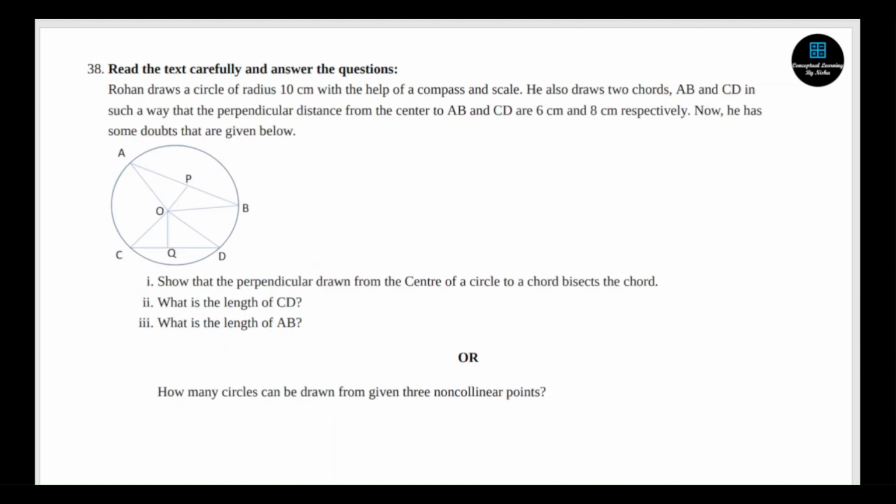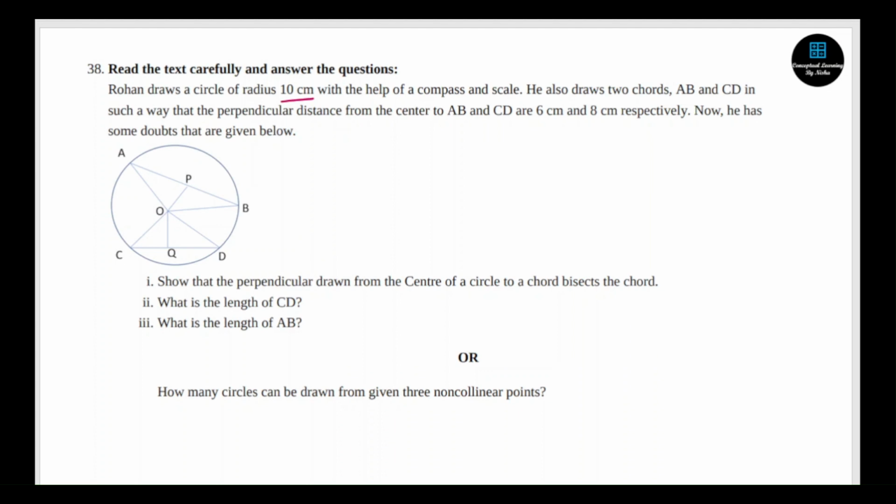Rohan draws a circle of 10 centimeter radius. Alright. So this figure is given to us. Now see, AB and CD are the chords. These are the perpendicular distances. Okay. And they have given that they are 6 and 8.